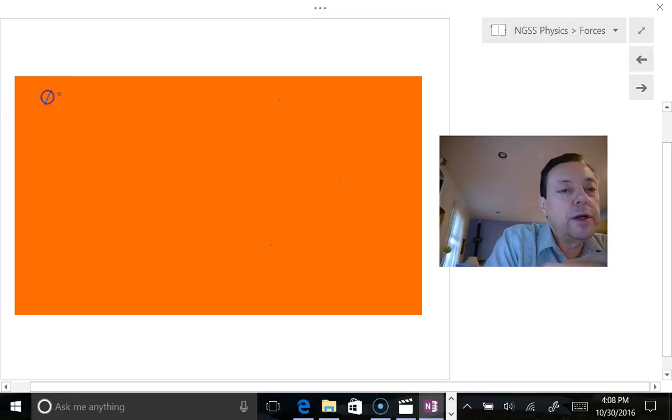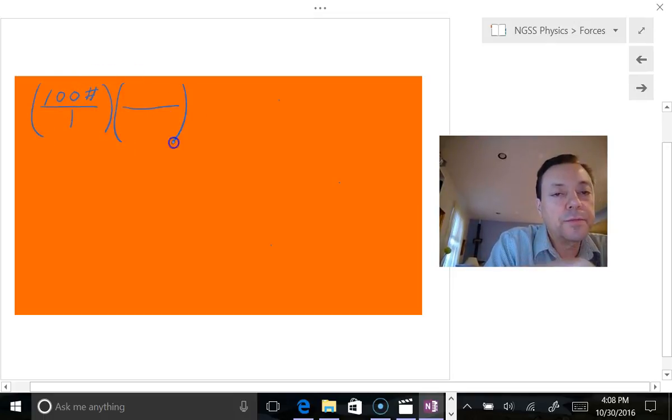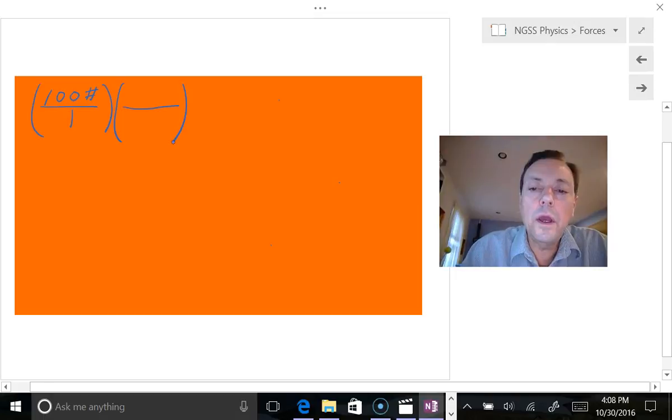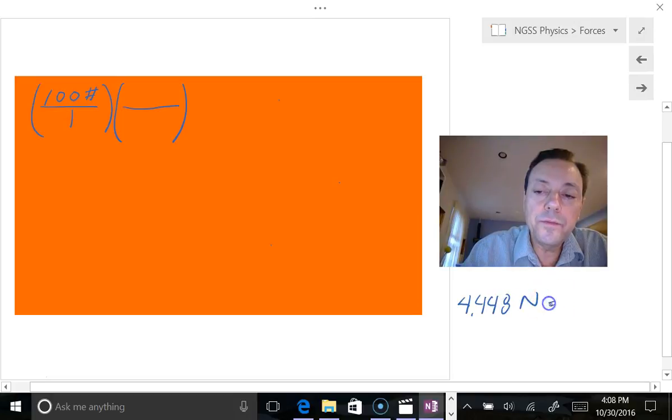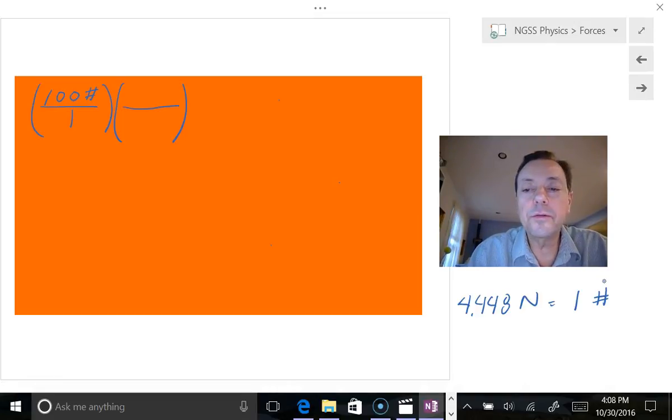So if my weight is 100 pounds, I'd like to express that in newtons. And since 4.448 newtons is 1 pound, in order to get rid of pounds, I'm going to have a conversion factor where pounds is in the denominator.